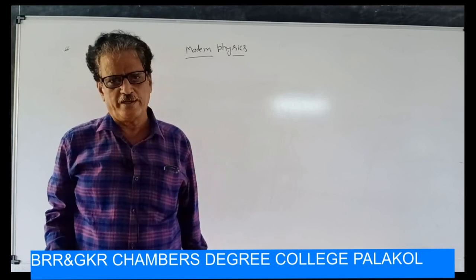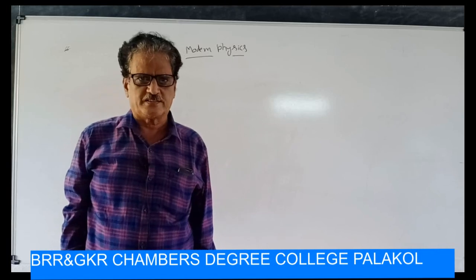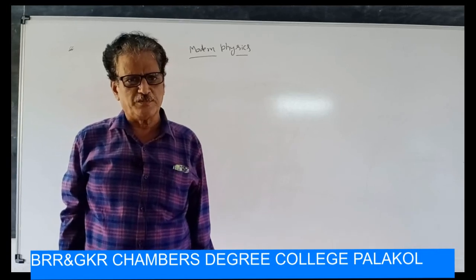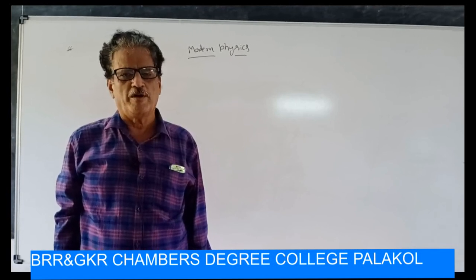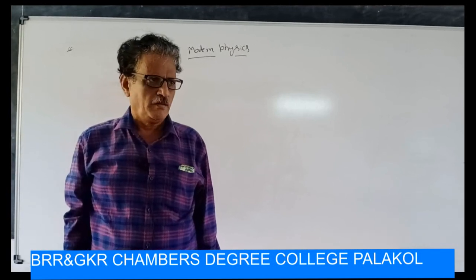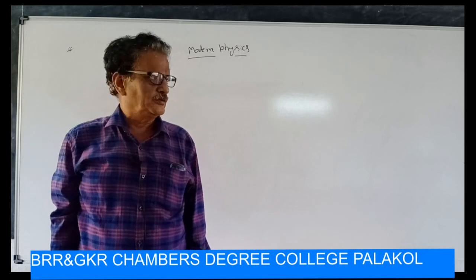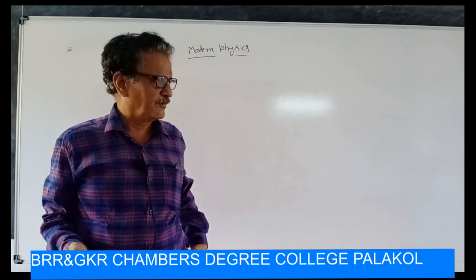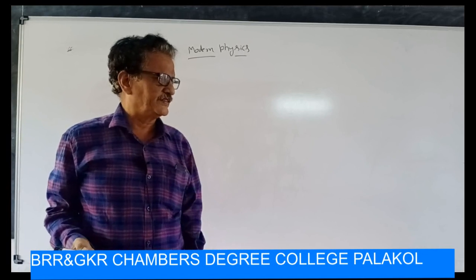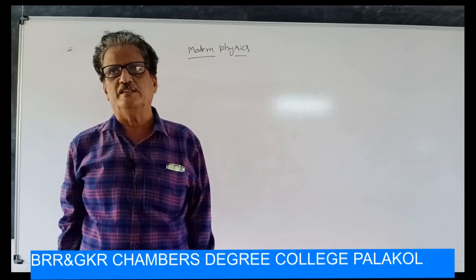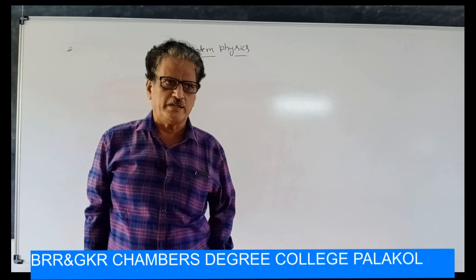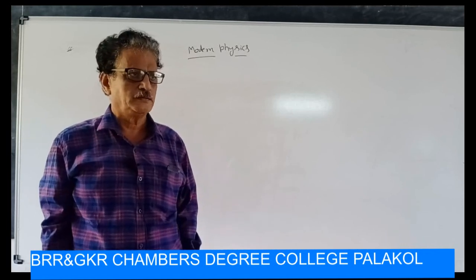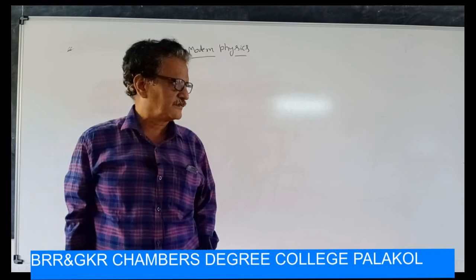Today, I am going to discuss our 5th semester 6th paper, Modern Physics. Modern physics means the physics in the 20th century. During the 19th century, the physics is called classical physics.